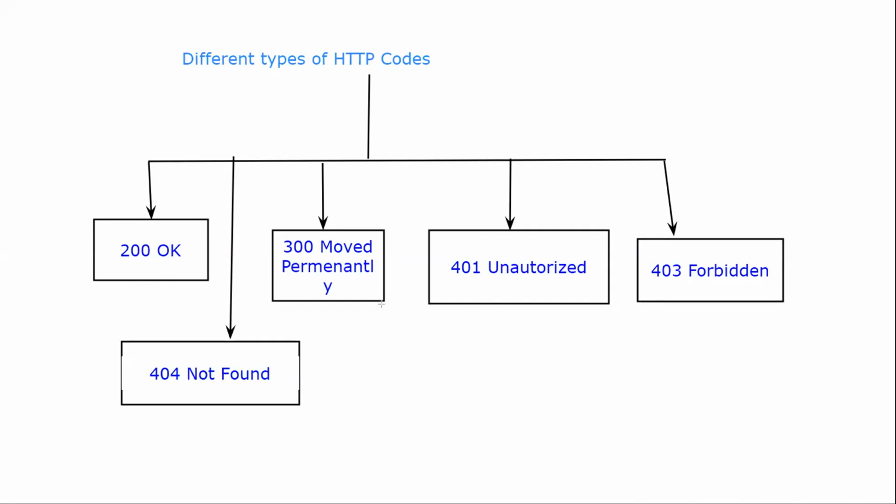This is another code. What is the meaning of 404 not found? This is the most frequent and most recognized error code. It means that the URL is not recognized or the resource at the location does not exist.